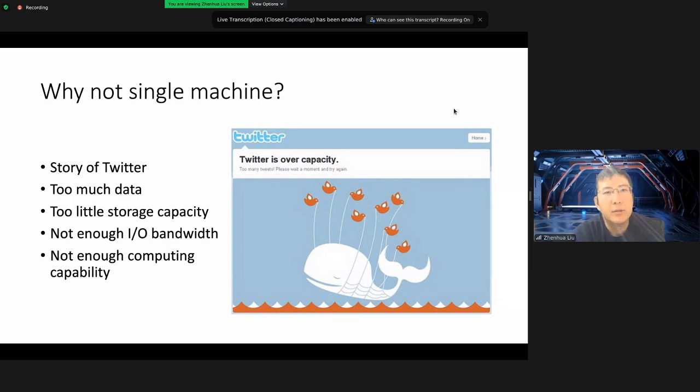So from this, you can also say that Twitter is not a very classic IT or technical company.